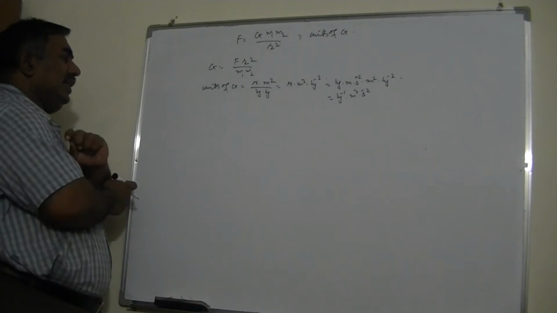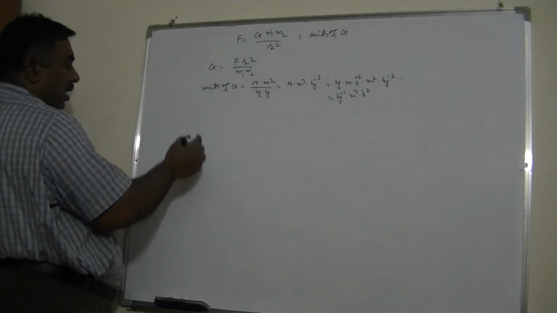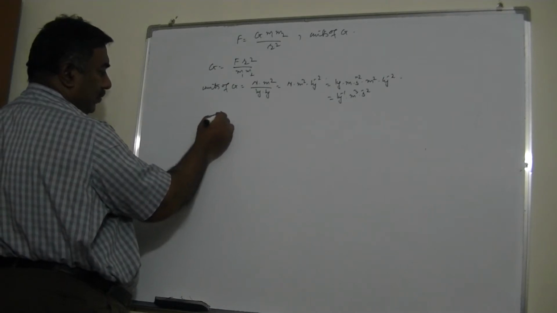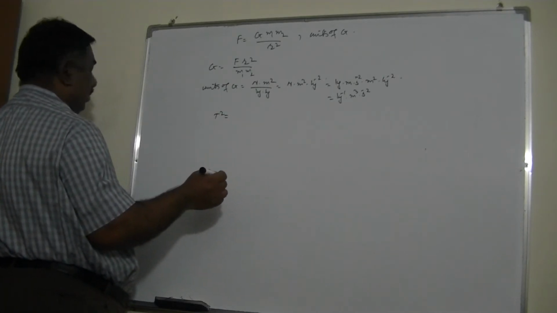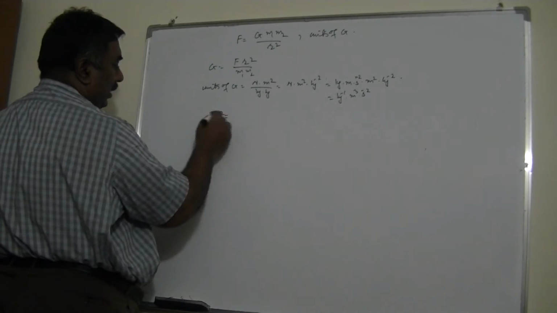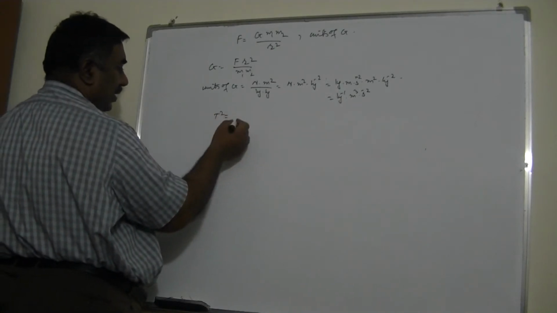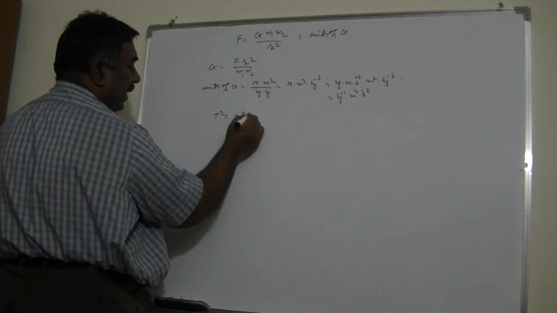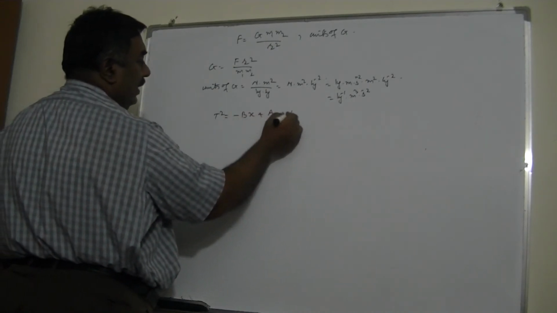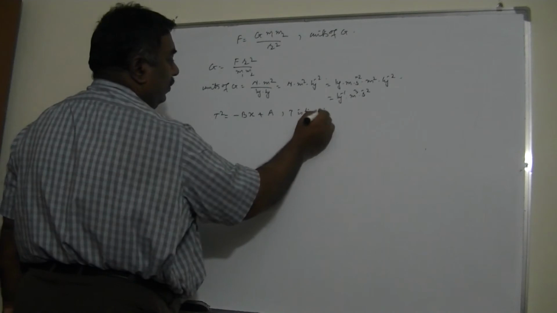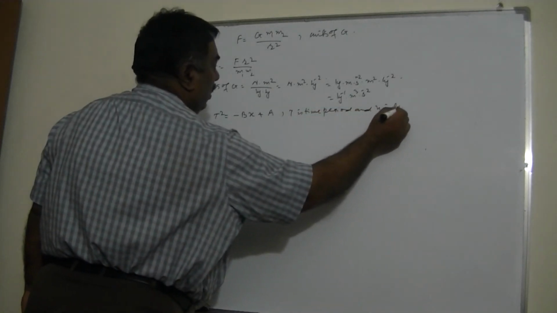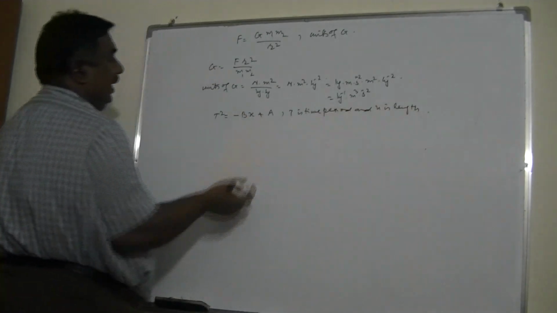For example, once in the physics practical AS level, an equation was given. The examiners asked to derive the units of a upon b, b upon a, and what are the units of a and b. The equation was this one: t square is equal to minus bx plus a, where t is time period and x is length. They ask what are the units of b and a.